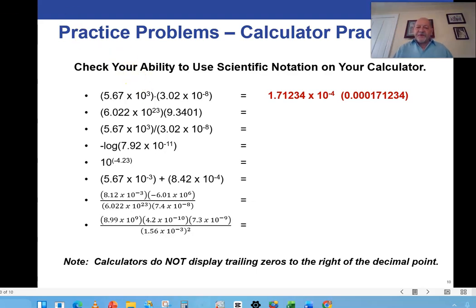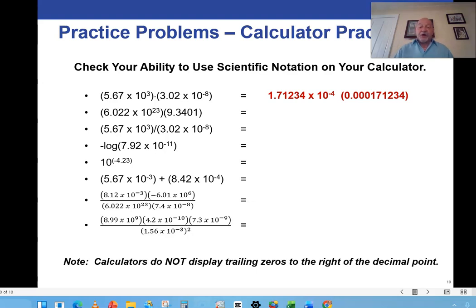The next problem involves a much larger number, 6.022 times 10 to the 23. If you've taken chemistry or are taking chemistry, you'll probably recognize that number as Avogadro's number. That's the number of particles in a mole. And this number is multiplied by 9.3401.